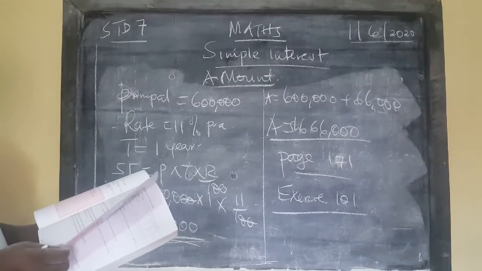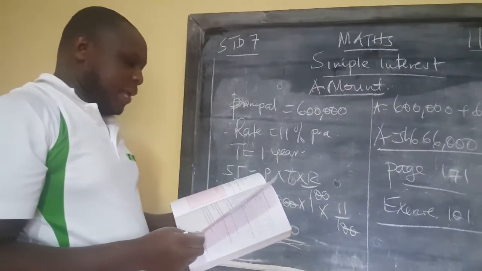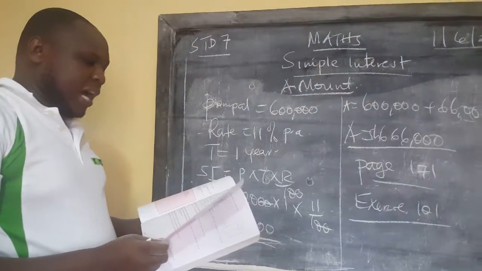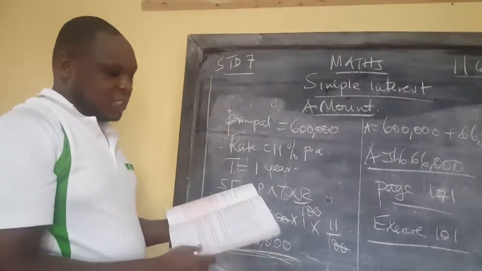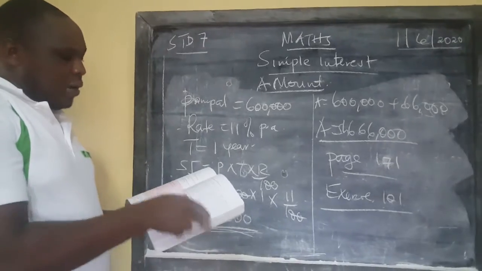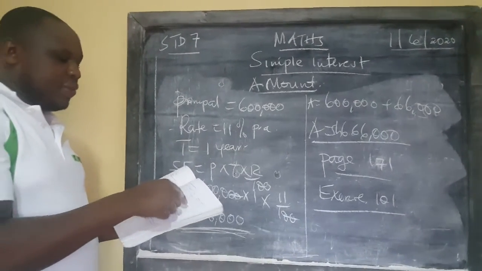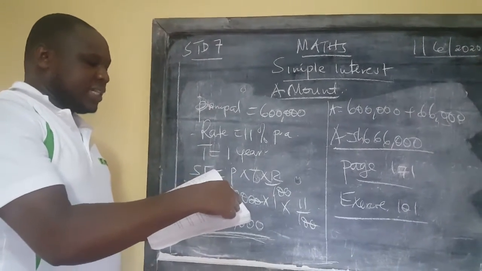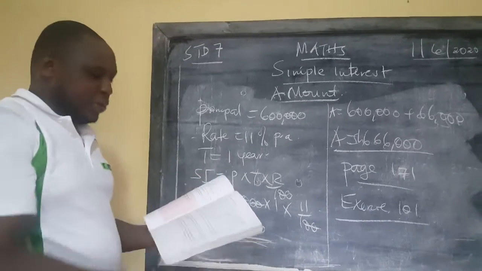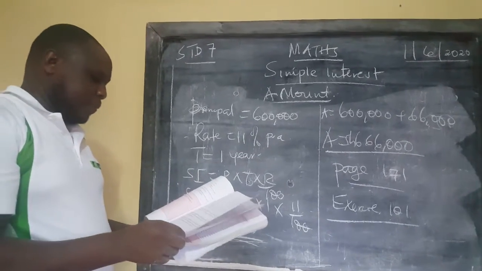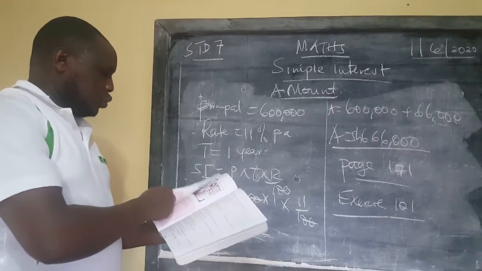We have the principal given, A to G, and then the rate per annum, time, and then simple interest. There's a slot for simple interest, then amount. So after getting the simple interest, for you to get the amount, you add the simple interest to the principal, then you get the amount. So you do that, number 1 to 4.